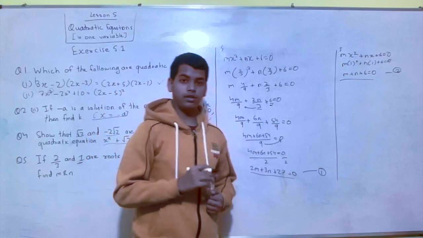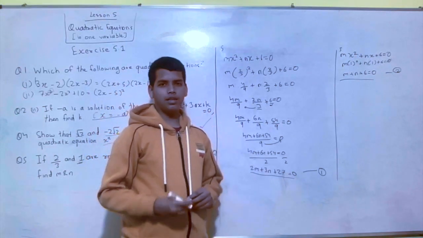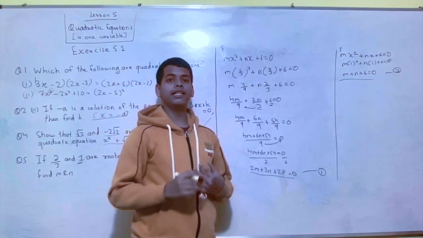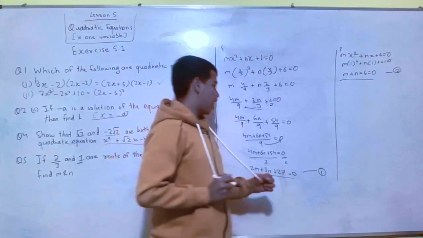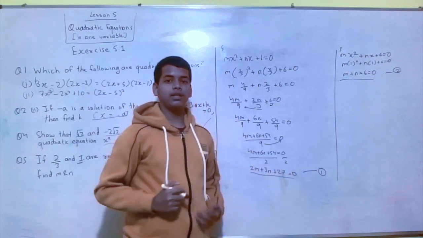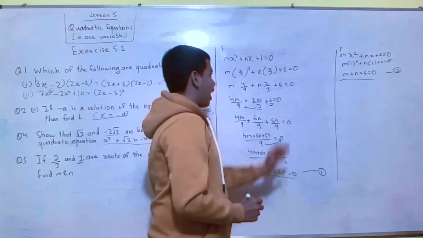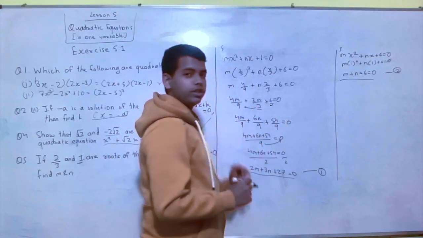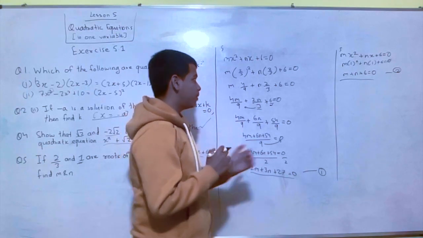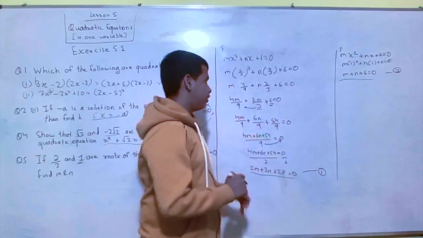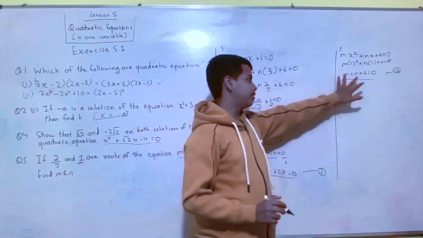Now you may remember that we had learned how to solve simultaneous linear equations in class 9. So I am going to solve this by elimination method, which is a really easy method. Now I am going to add these two together. First of all, we have to multiply this equation by 2 so that we can cancel out this 2m and this m.